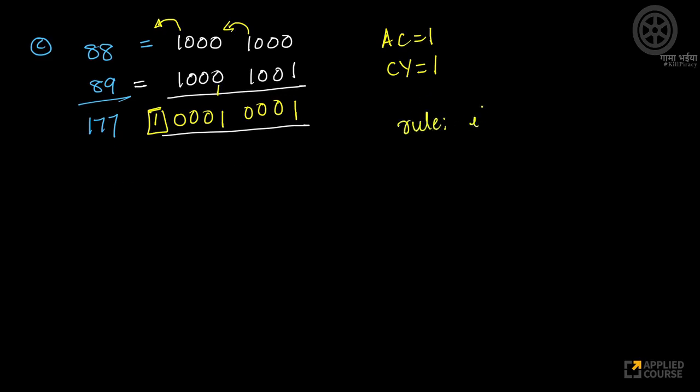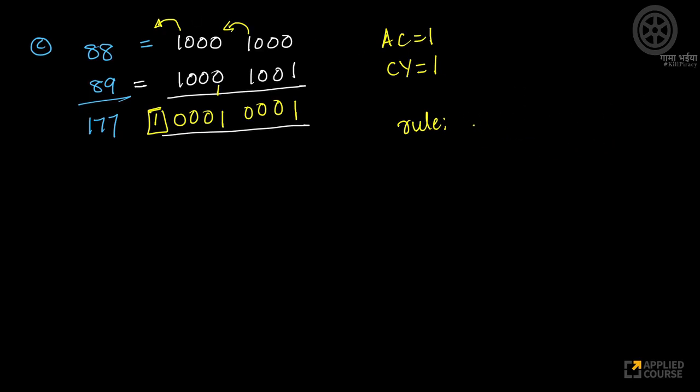The next rule is, if auxiliary carry is set to 1 and carry is set to 1, very simple, and lower nibble is less than 9. Okay, so let me write it case by case.